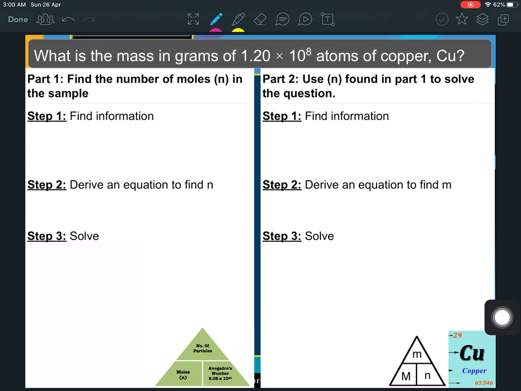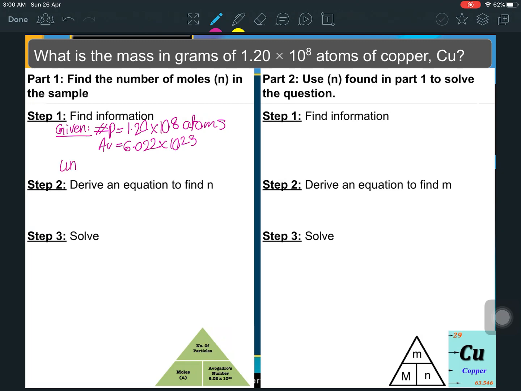All right, so let's see what's given to us. My givens is number of particles equals 1.20 times 10 to the power 8 atoms. And Avogadro's number equals 6.022 times 10 to the power 23.